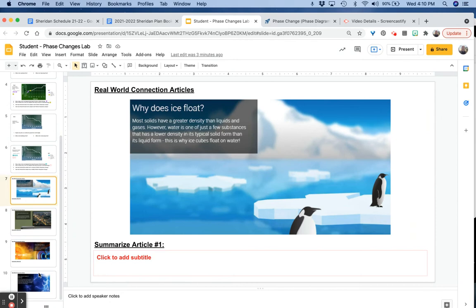Most solids have a greater density than liquids and gases. However, water is one of just a few substances that has a lower density in its typical solid form than its liquid form. This is why ice cubes float on water.